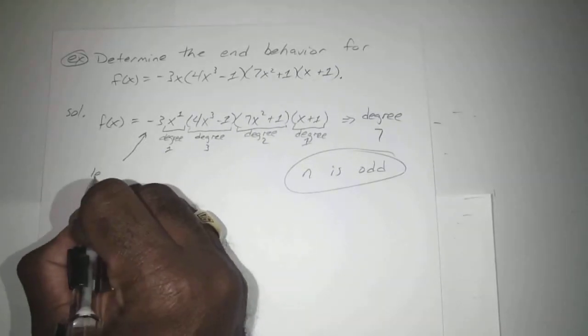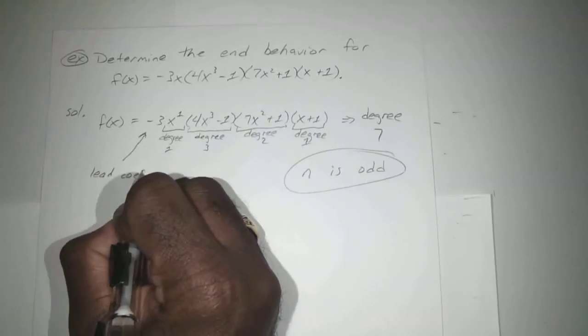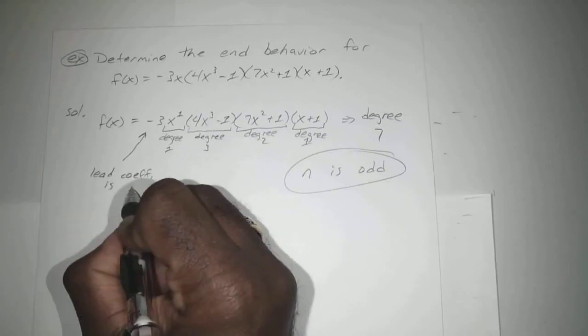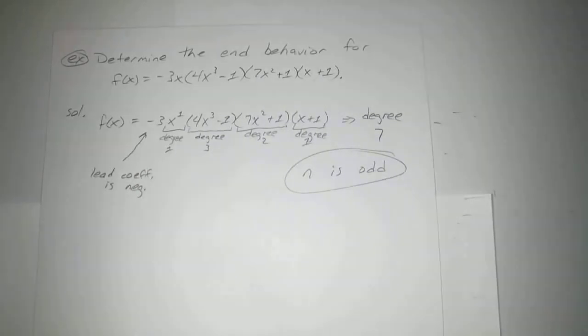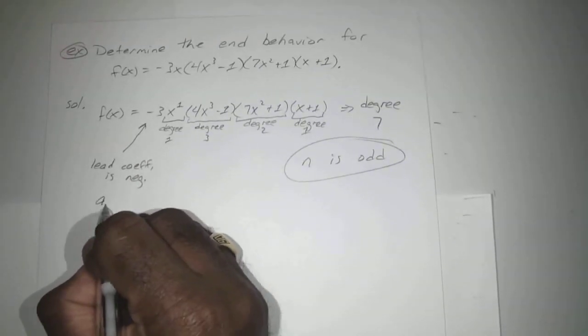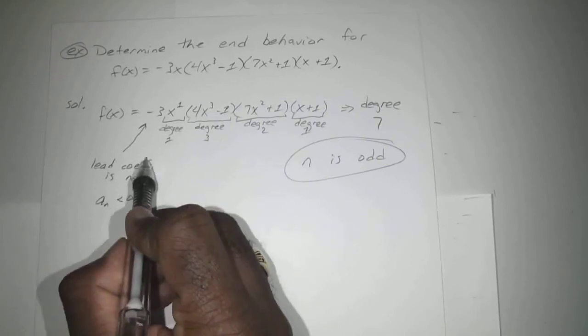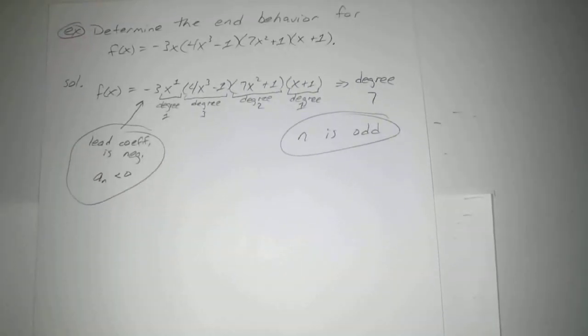Okay, so your lead coefficient is negative. So we know that a sub n is less than 0. So it looks like negative x to the third power.